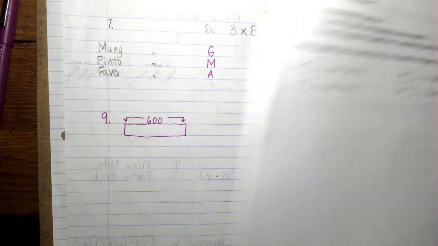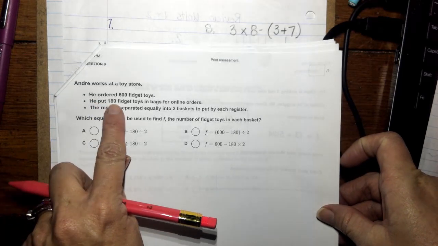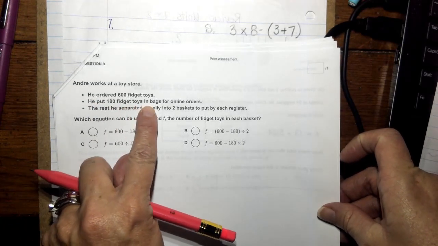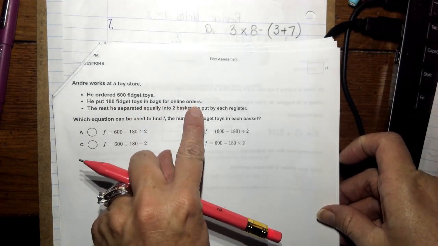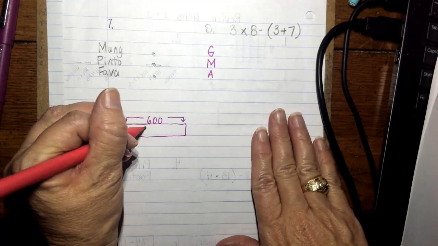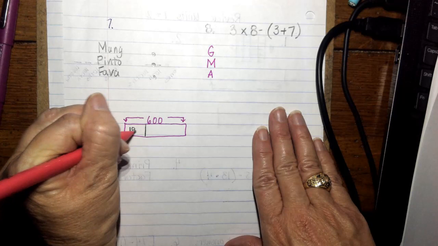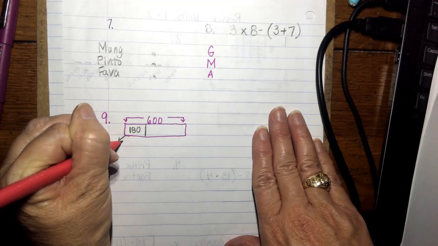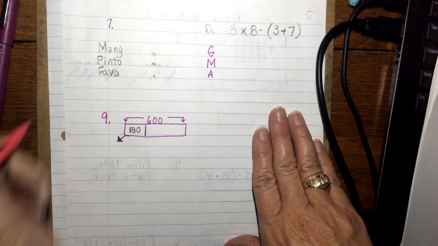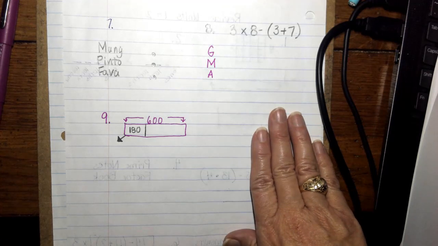Then when I go back and read the second part, it says he put 180 fidget toys in bags for online orders. So it sounds like he's taking some of these fidget toys, 180, and he's putting them into bags. So I'm going to let you think about what action would go with that.